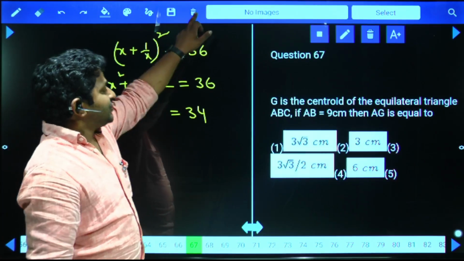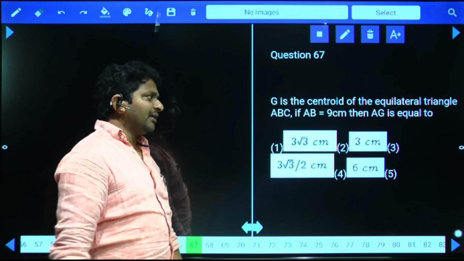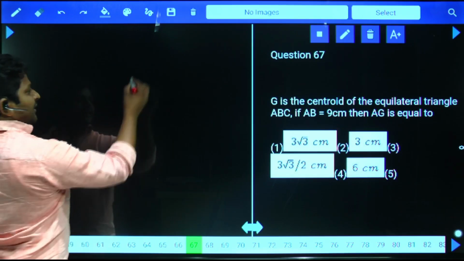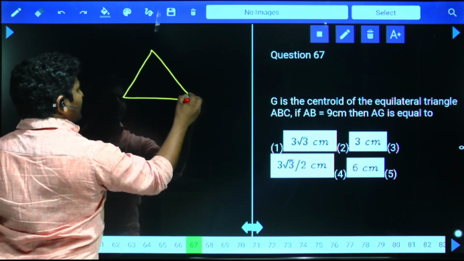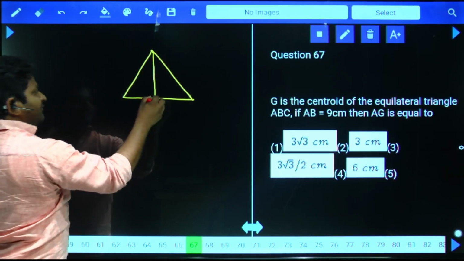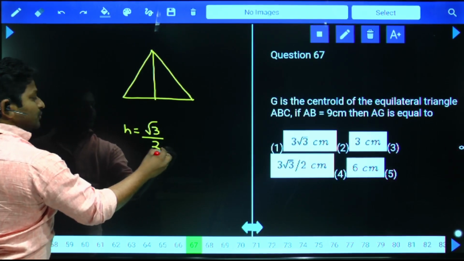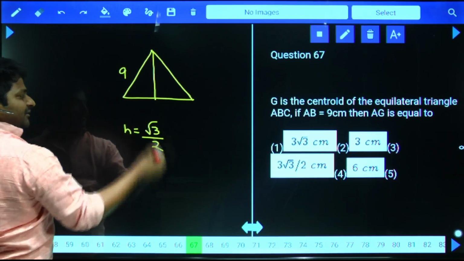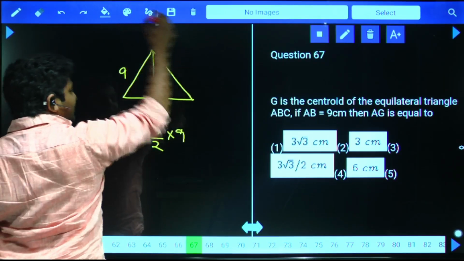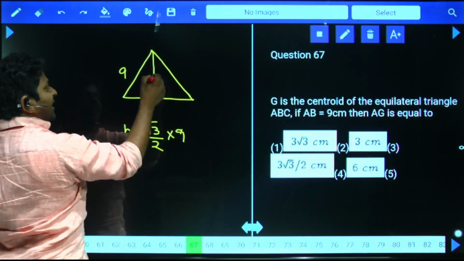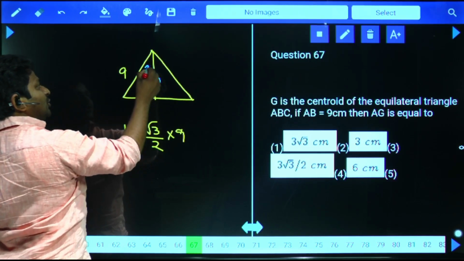Next question. G is the centroid of the equilateral triangle ABC and AB is equal to 9. AG is equal to how much? G is the centroid of the equilateral triangle. Okay. Now, height of the equilateral triangle is equal to root 3 by 2 into side, that is equal to 9. Then this height, the centroid will divide height in the ratio 2:1.